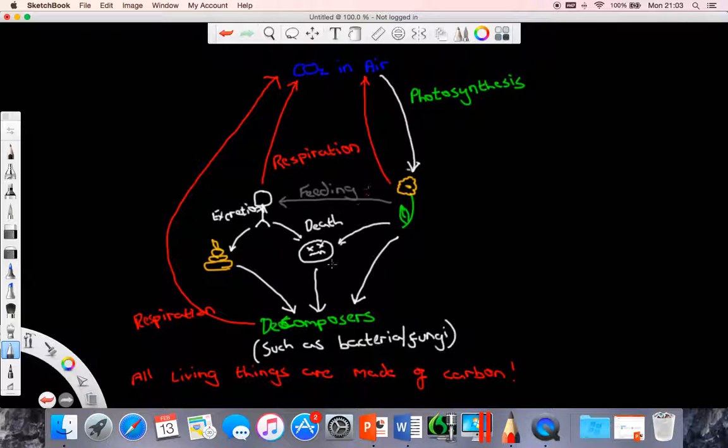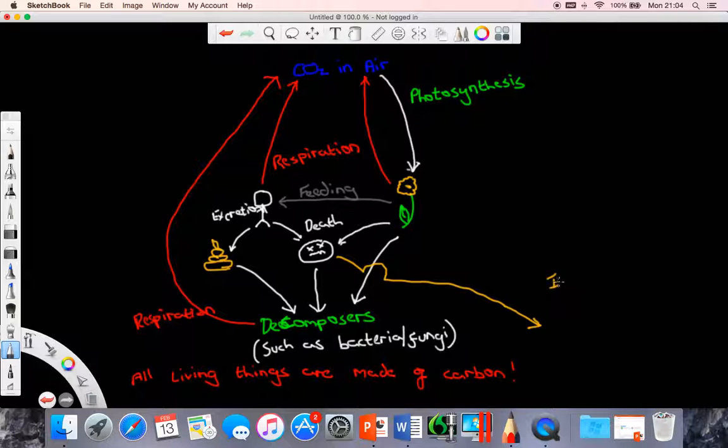However, sometimes these dead organisms do not get broken down by decomposers. Okay, sometimes they're in such conditions that the decomposers don't work. Now, what happens in these times is that the dead animals and plants get compressed and become fossil fuels.